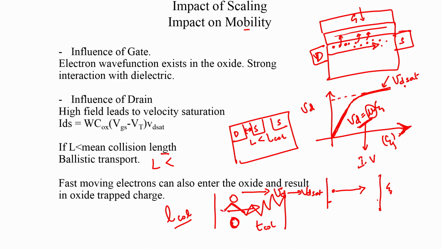So, we have brought in the channel lengths to within these mean scattering lengths, and therefore, in these regions the electrons could accelerate, and in this case the transport is called ballistic transport.